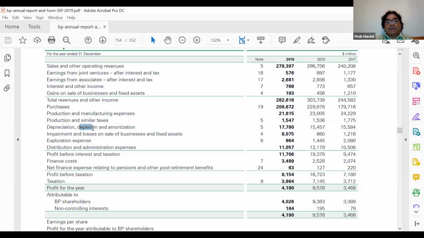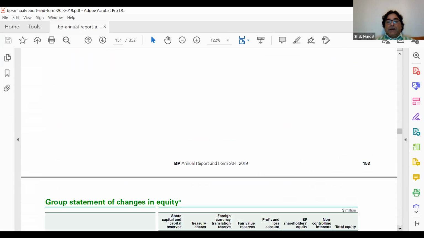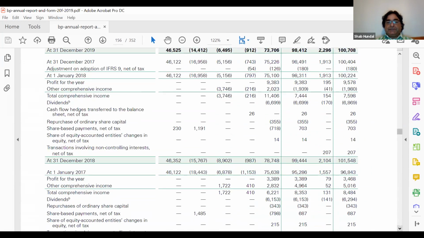In case of oil or gas, it's even more because it can just evaporate. So all the operating expenses, and when you subtract them, then you have your operating profit here. And usually in the income statement, you have 3 years data, but it's a sad affair that the balance sheet gives you 2 years data.